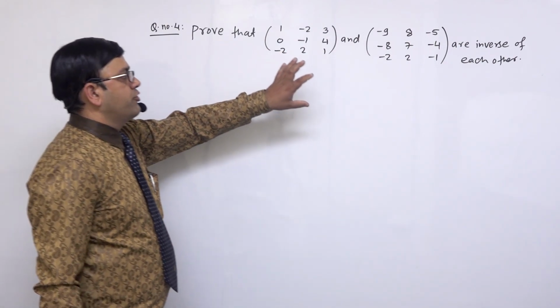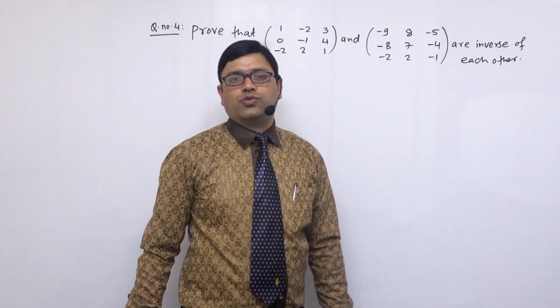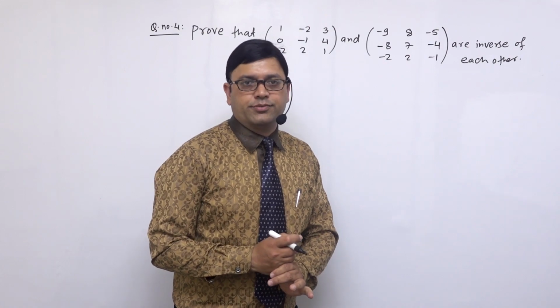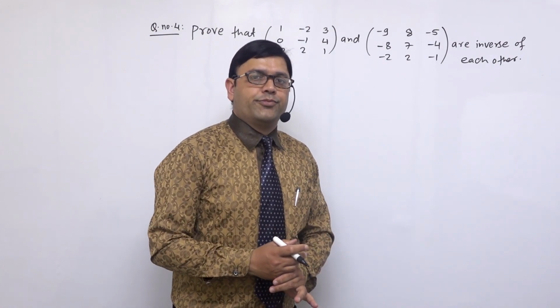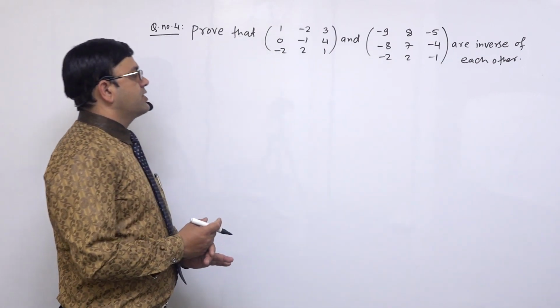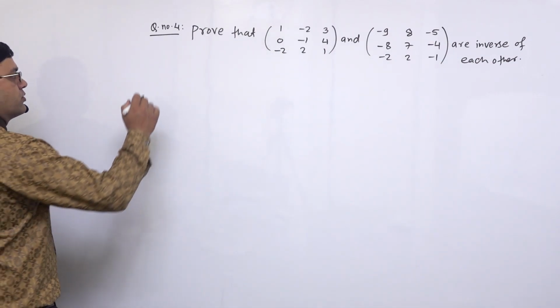This matrix and this matrix are inverse to each other. How can we show these two matrices are inverse? We have 2-3 methods to show the inverse of these two matrices, but the easiest one is what we are going to solve.